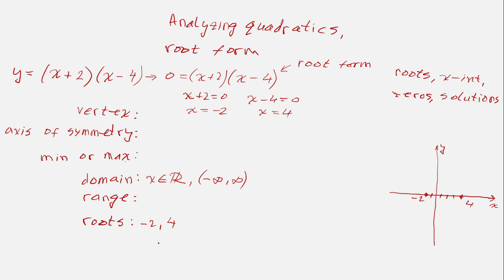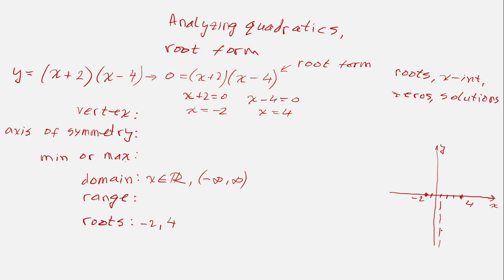Now, if we have roots for the quadratic function, then we can find the axis of symmetry. The axis of symmetry is always going to be halfway between the 2 roots. And if that's the case, then our axis of symmetry is right here at x equal to 1.